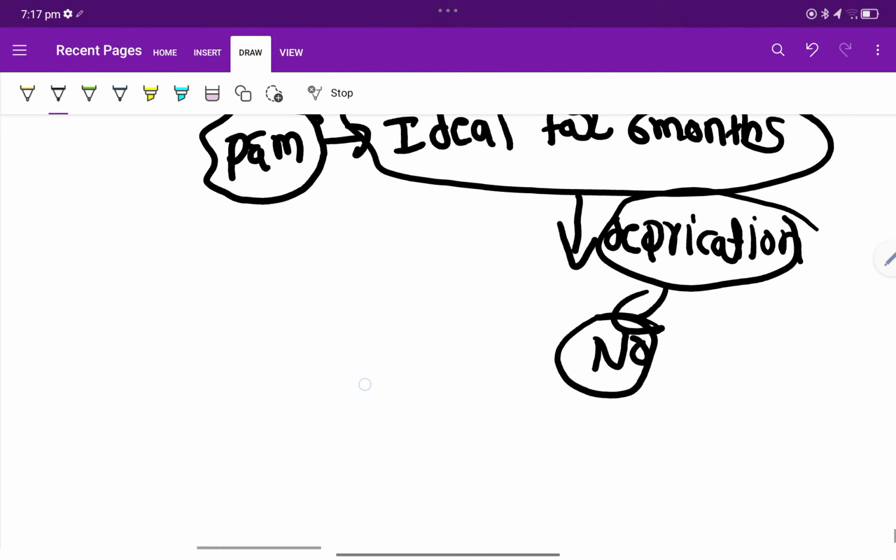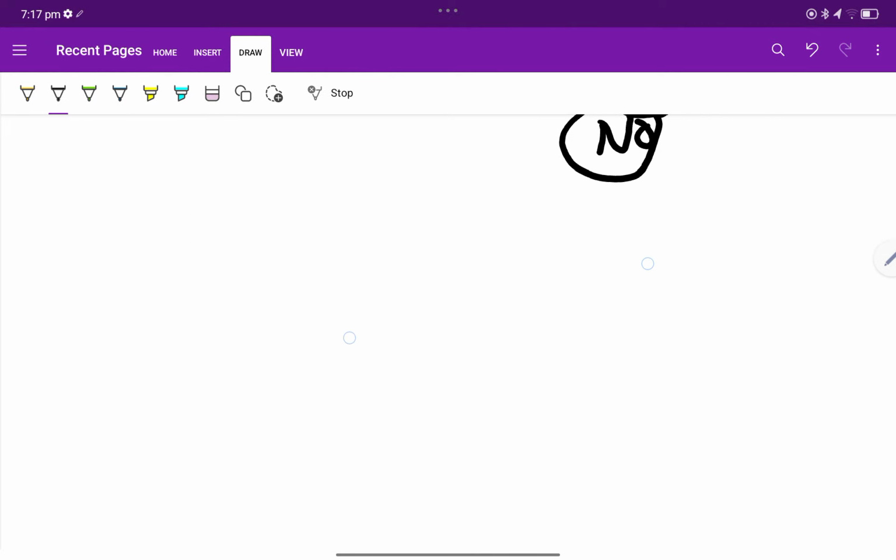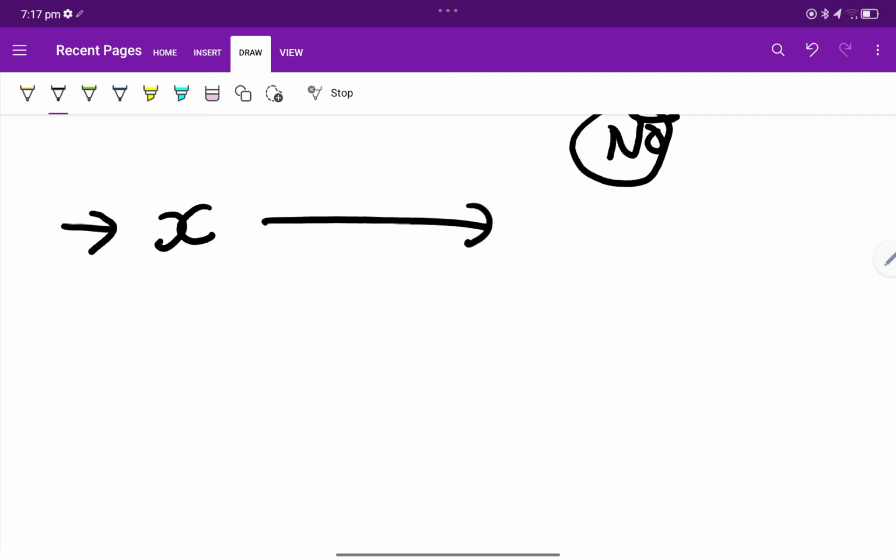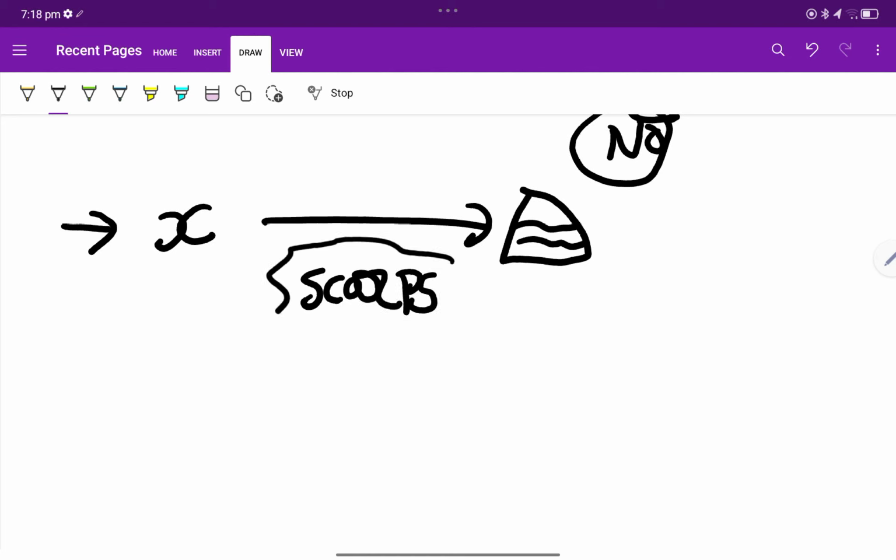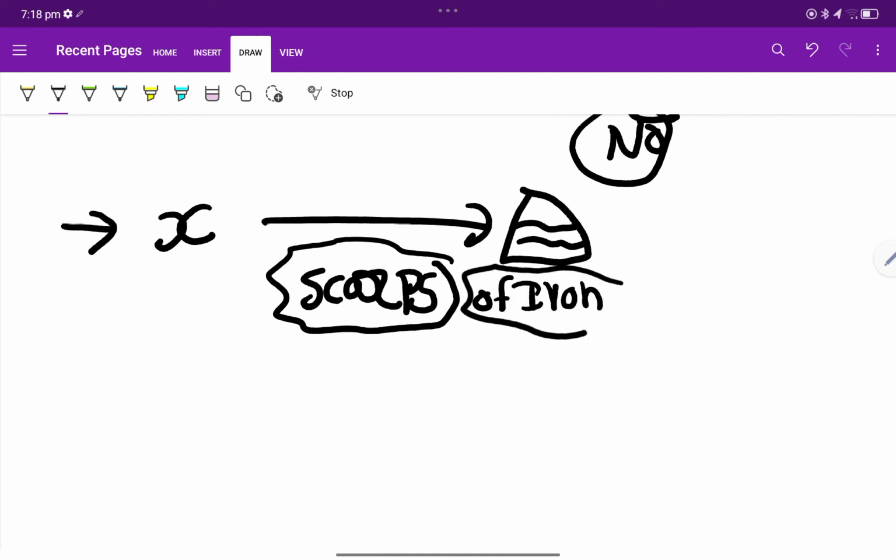For suppose, in the same example, X is constructing one house. Some scrap is there. While constructing a house, you may get scrap of iron. Am I right or not?